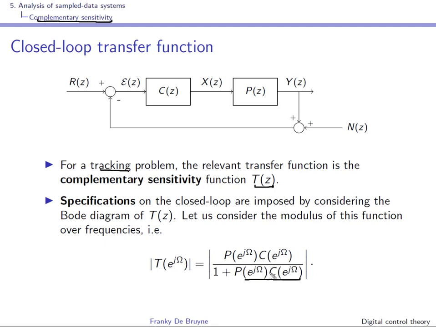So imposing a small sensitivity in the low frequencies corresponds to imposing a modulus of T that is 1, which is good because you would like to follow the input reference signal, the set point, with a 0 steady state error.